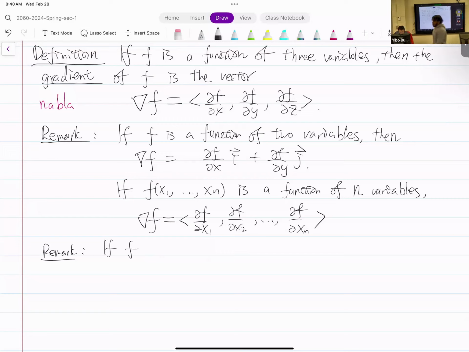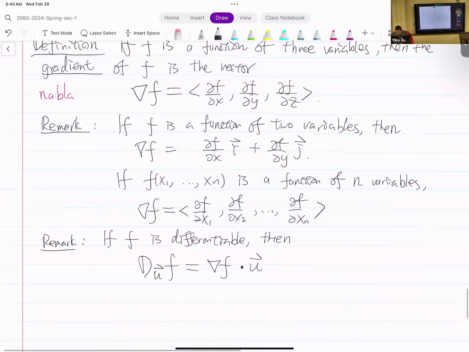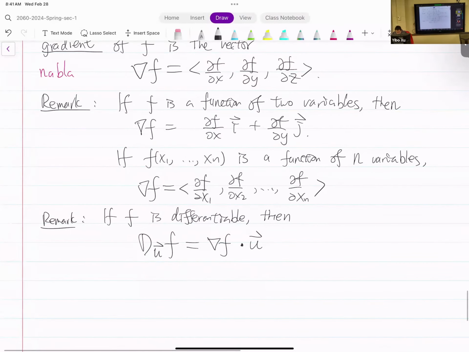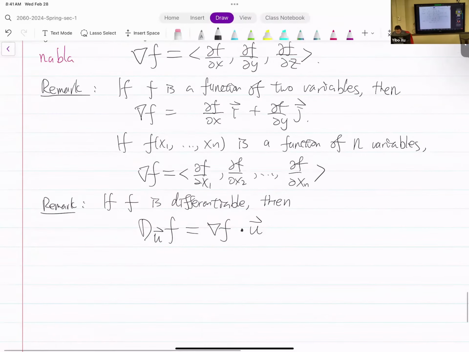If f is differentiable, then the directional derivative along the direction u of f is exactly nabla f dotted with the vector u. Right? So nabla f has n components. U also has n components, where n is the number of variables of the function. Okay. Example.